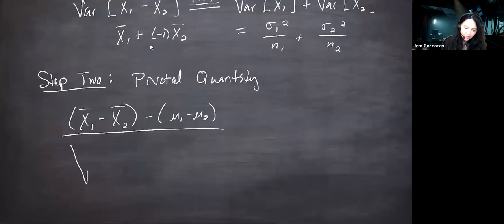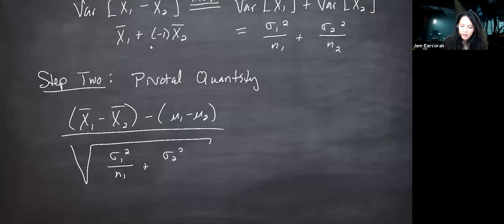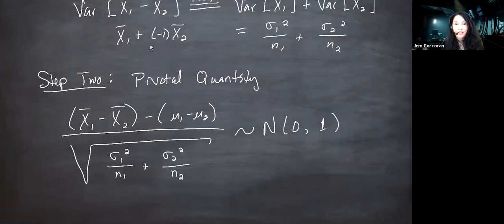So it's actually a big square root of sigma 1 squared over n1 plus sigma 2 squared over n2. And this is a nice normal that has been centered at 0 and now has variance 1. So we can call it z, and we can put it between two z critical values from the standard normal table, and then solve for mu1 minus mu2 in the middle like we always do.